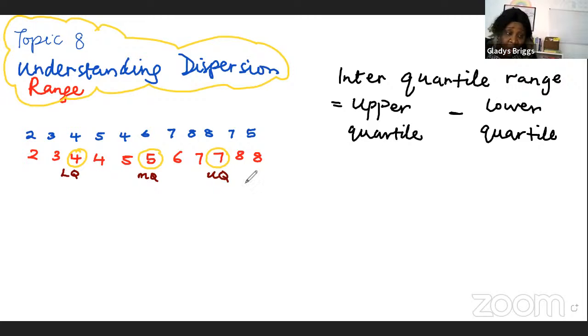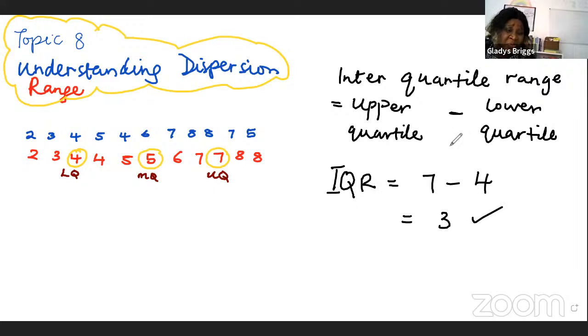So we got our upper quartile to be 7. Interquartile range for this data would be equal to 7 minus the lower quartile, which is 4, and that's equal to 3. Just that simple, straightforward. You got the marks, okay?